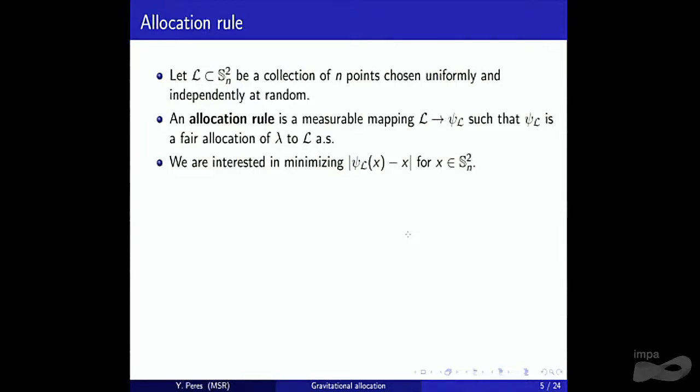Actually what we'll want is not just an allocation for a specific set of points, but an allocation rule, right? It maps every collection of points to an allocation. And then we would like the distance between x and its image, the star it's allocated to, to be small on average.